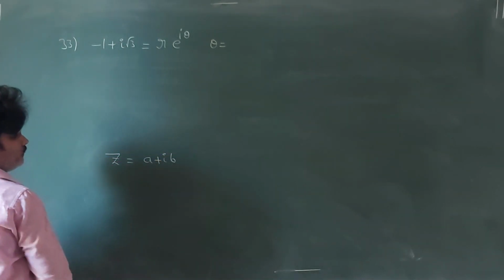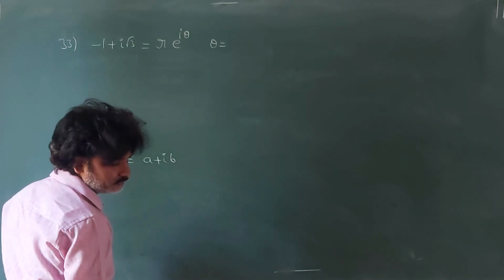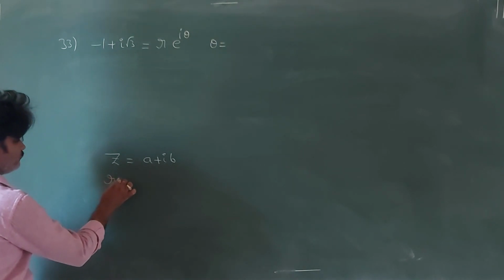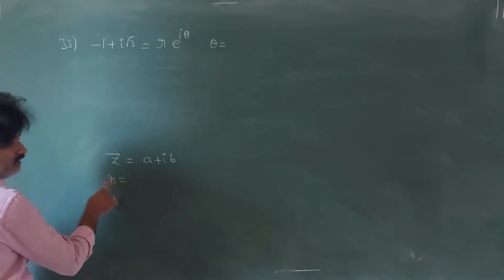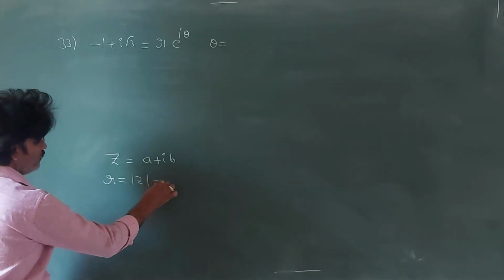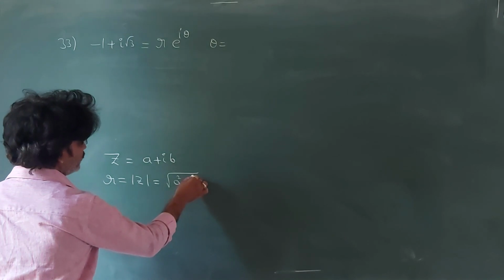Then how to find its modulus? All of you know, root of a square plus b square. So I am denoting the modulus of a complex number with the letter r. So let r equal modulus of z, which is defined as root of a square plus b square.